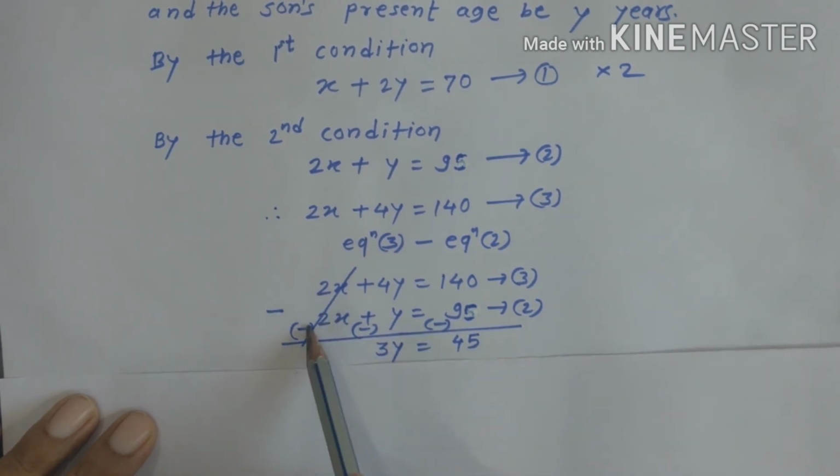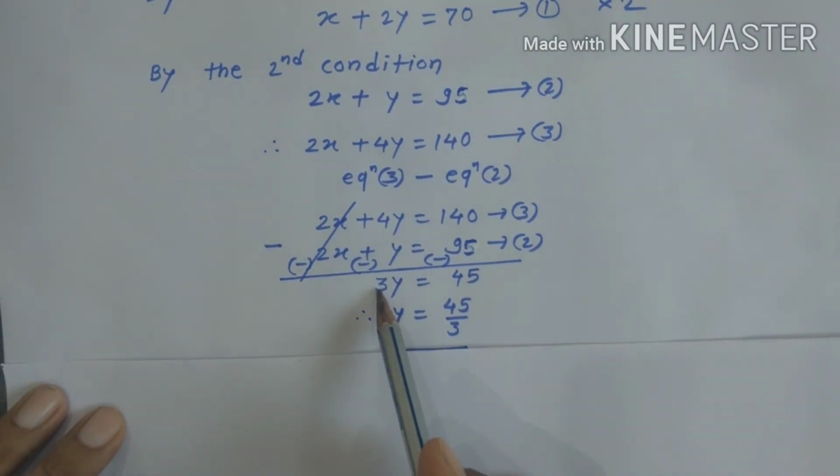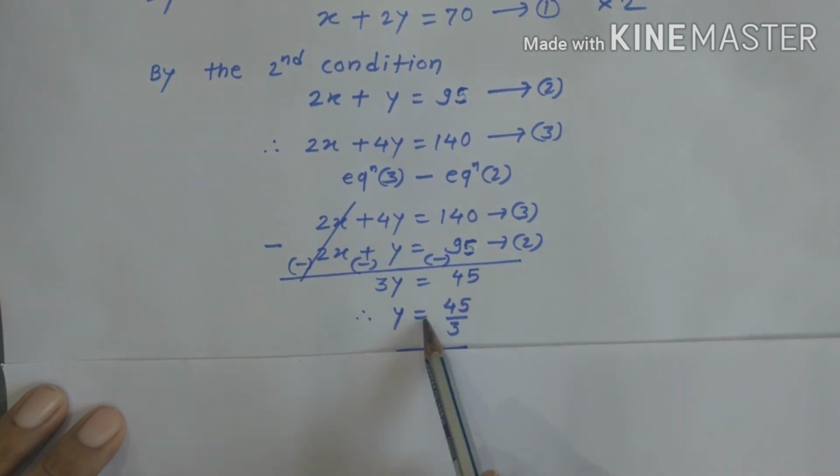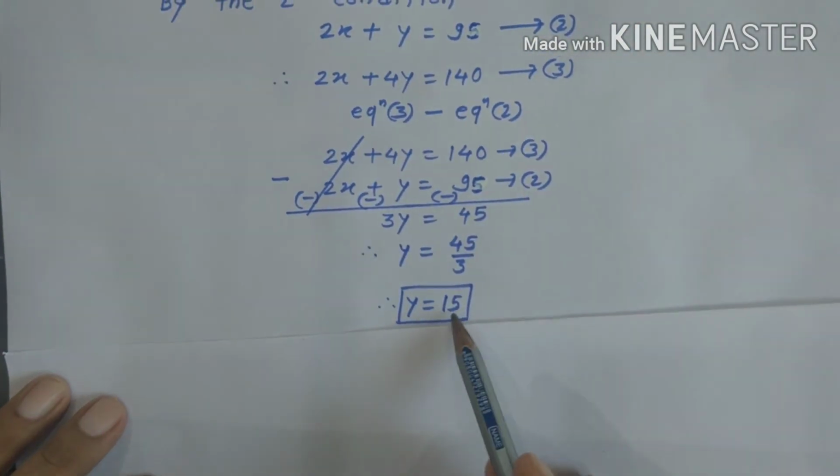Plus 2x minus 2x get cancelled. 4y minus 1y equal to 3y. 140 minus 95 gives us 45. Always remember that we have to consider the new changed sign. Now transpose 3 to right side. Therefore y equal to 45 upon 3. That gives us y equal to 15.